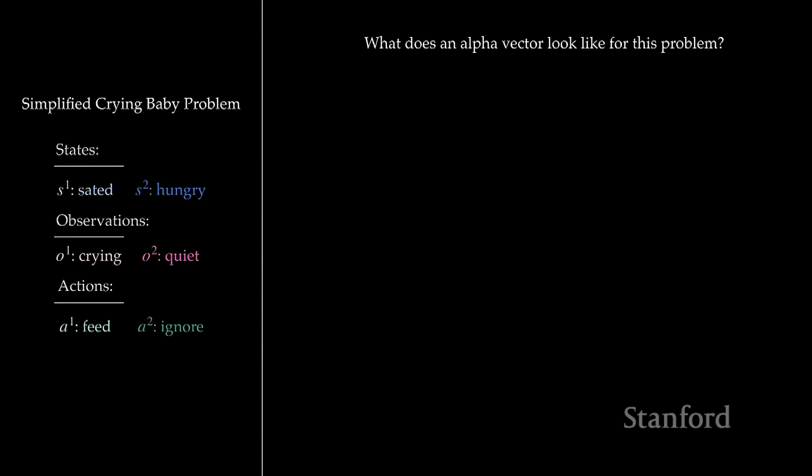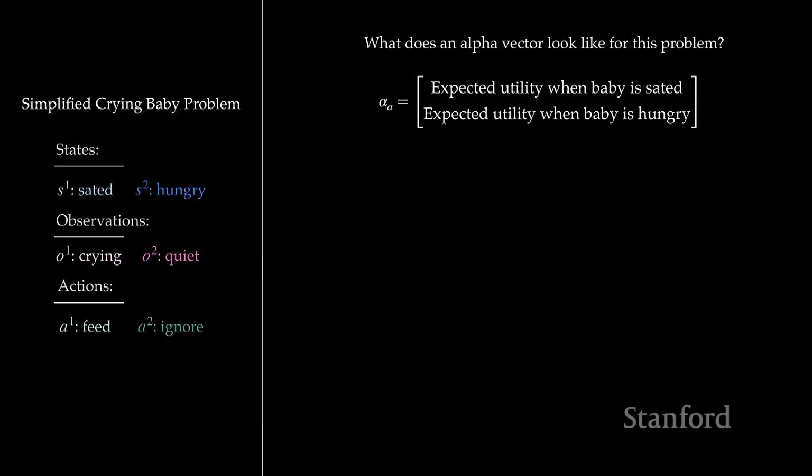Okay, so let's look at one more angle on alpha vectors. Let's see what the alpha vectors would look like for this problem, for example for QMDP. An alpha vector for this problem has one entry for each possible state, so we just have two states, sated and hungry. Each one represents the expected utility for being in that state and following our policy.